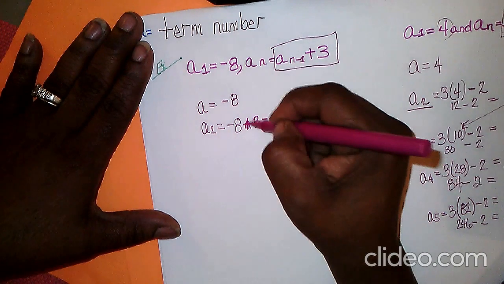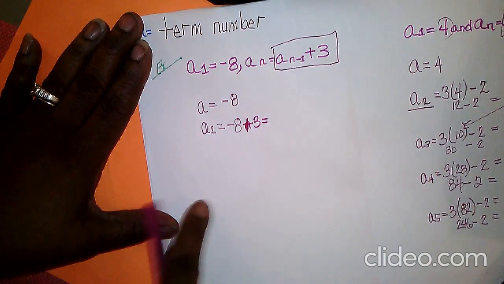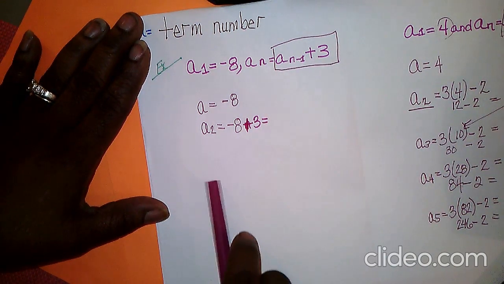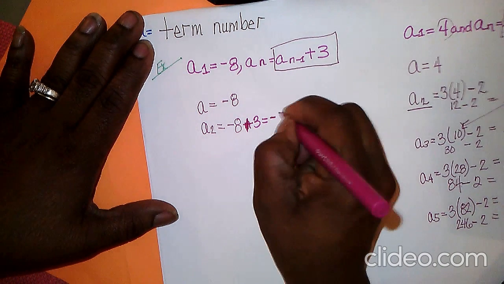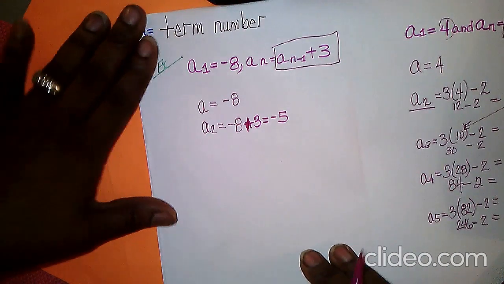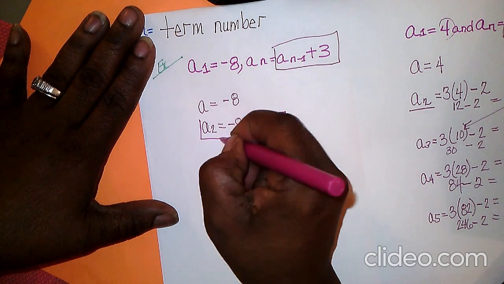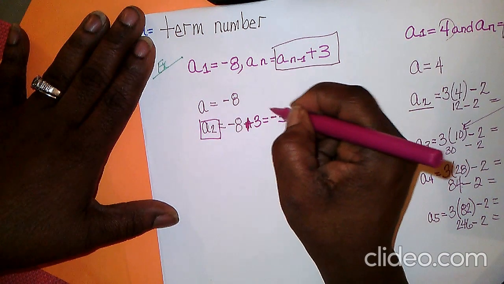So we have negative 8 plus a positive 3 gives us negative 5. So A2 equals negative 5.